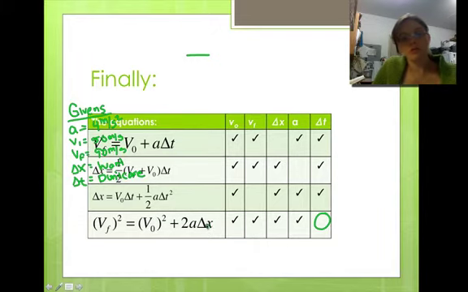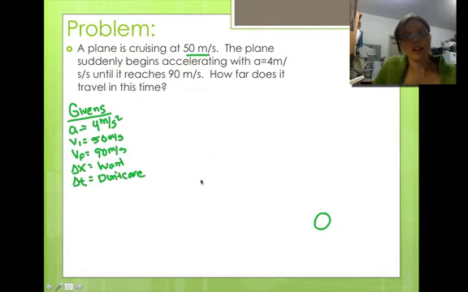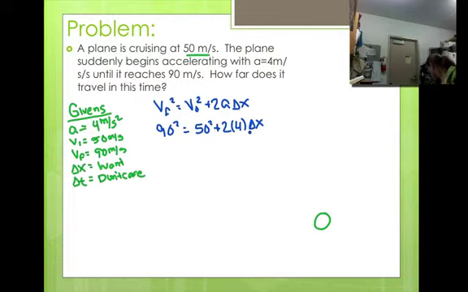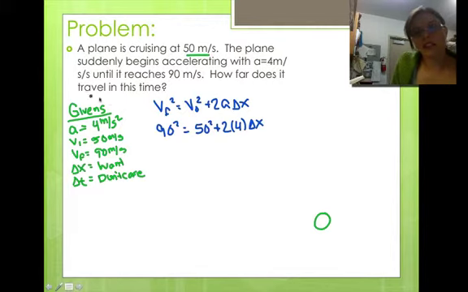So we have Vf squared equals V naught squared plus 2a change in X. We have 90 squared equals V naught squared, 50 squared, plus 2a change in X. And solve for change in X. Okay. 700 meters is equal to change in X. Woohoo!